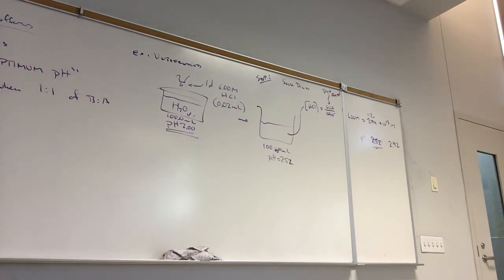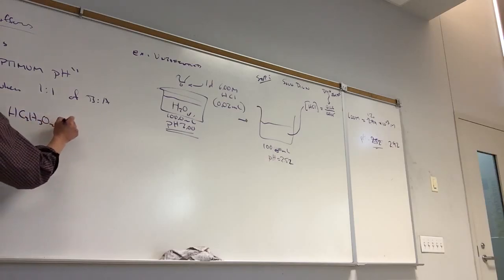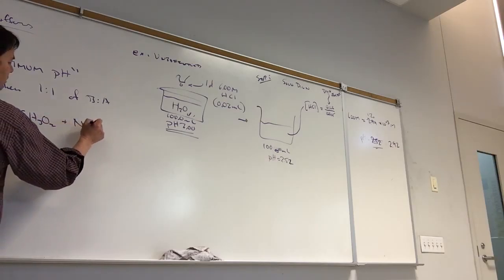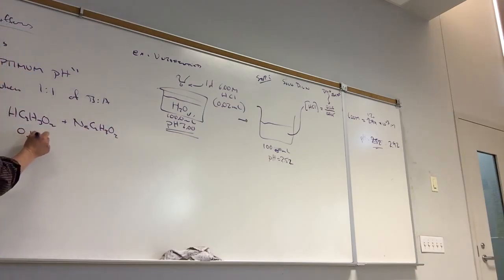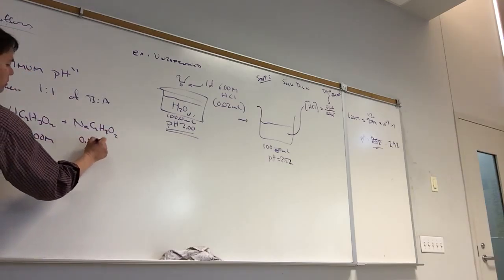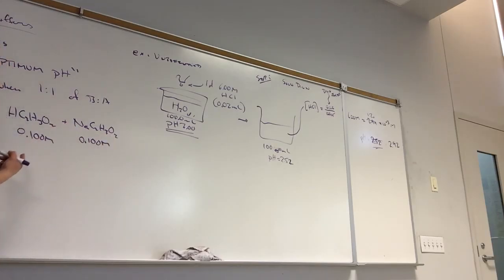In a Henderson-Hasselbalch buffer, we have an acid, like acetic acid here, and its conjugate base, like sodium acetate. If we have 0.100 molar acetic acid and 0.100 molar sodium acetate, then we have equal parts of acid and base in this mixture.